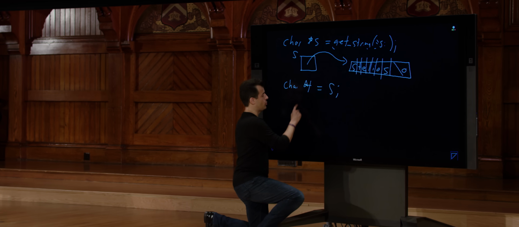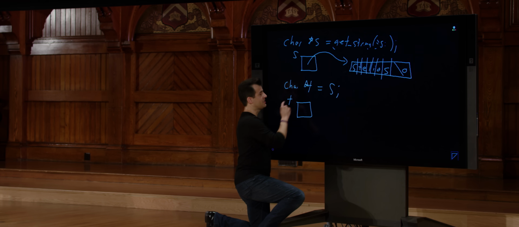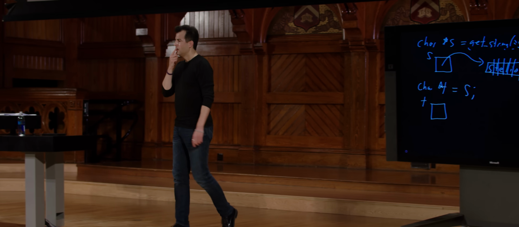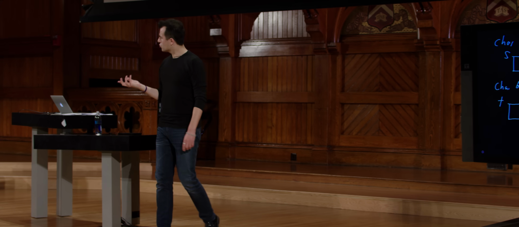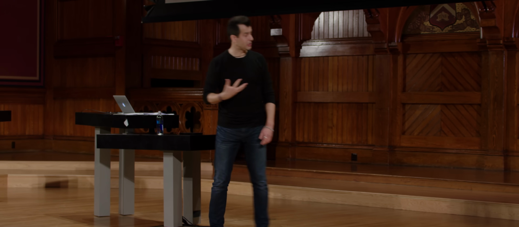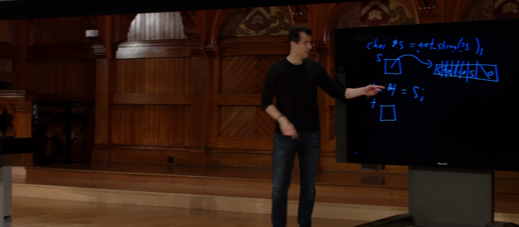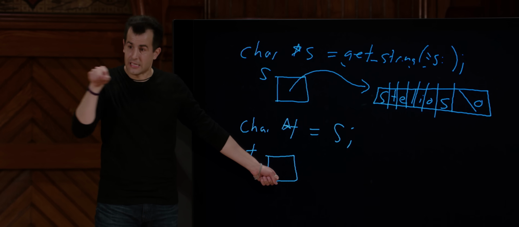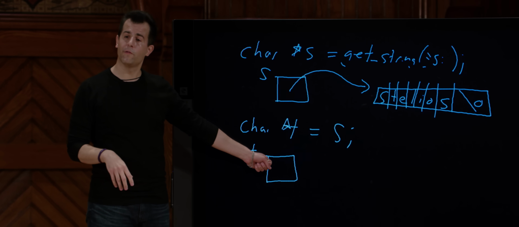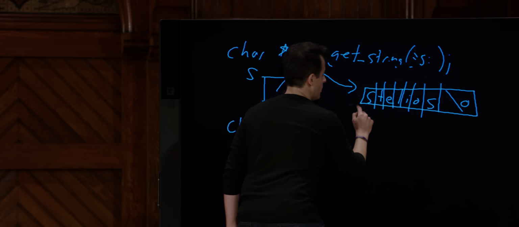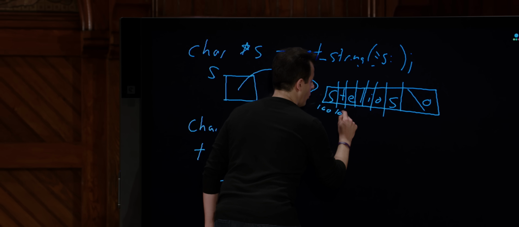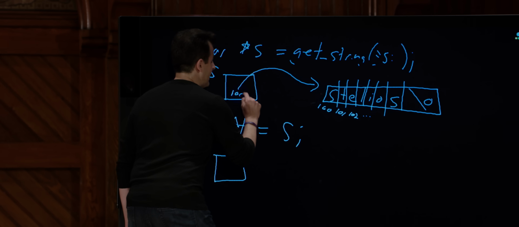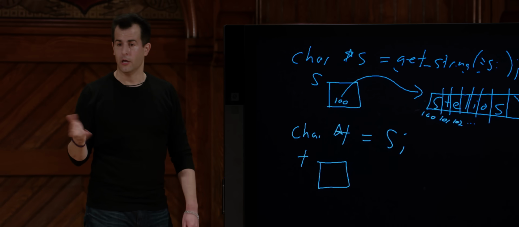This gives me what kind of picture? It gives me a little chunk of memory called t. But to be clear, what goes in s? Just an address, right? char * makes it super clear that t is an address. So all we can fit is an address here. We can't fit STELIOS and so forth. We can only fit an address. So what address? Let's go back to the previous story. If we had numbers like 100 and 101 and 102, technically in this box s is just the number 100. But again, who cares?